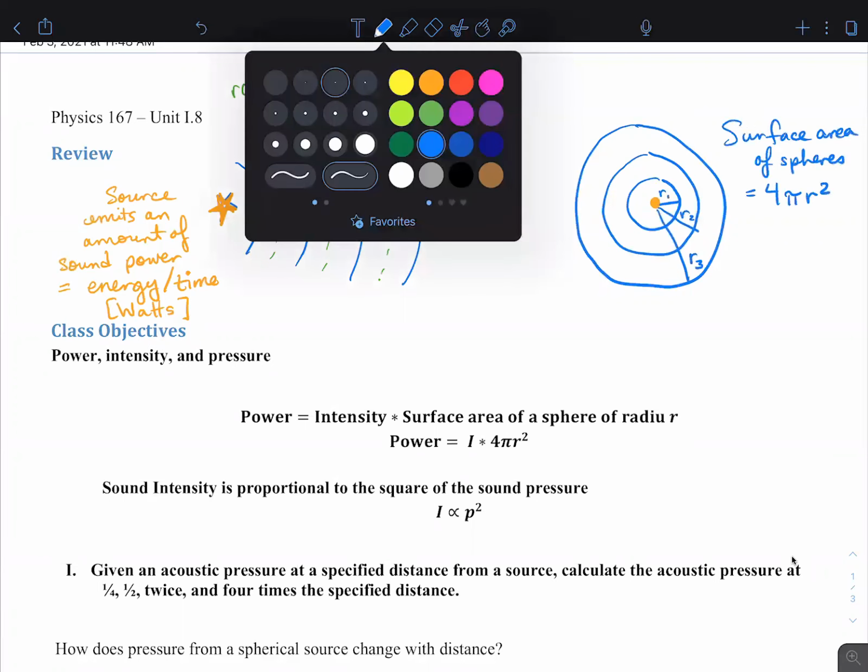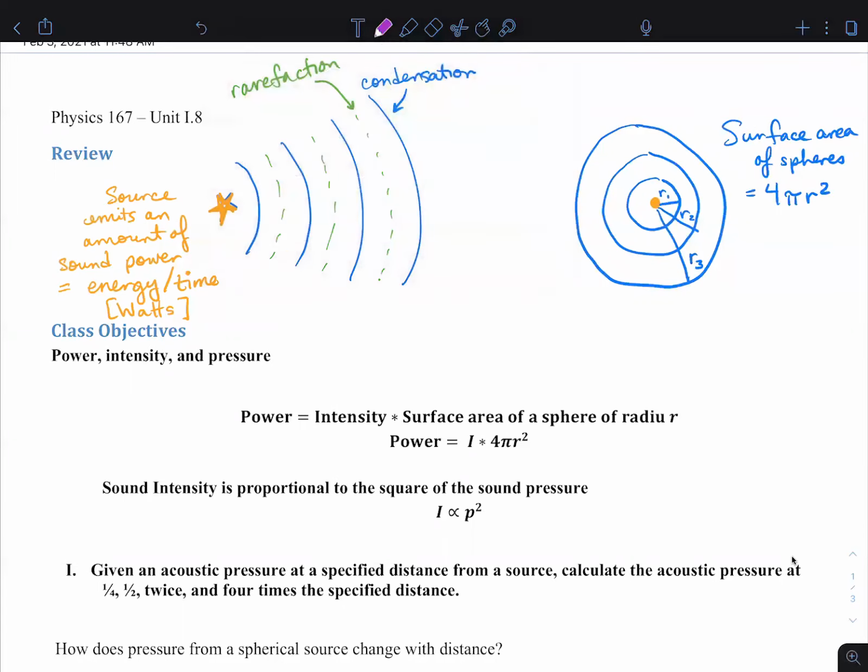The intensity is the measure of how much sound per unit area, how much energy per time per unit area. So it's the sound power per unit area at a specific point.